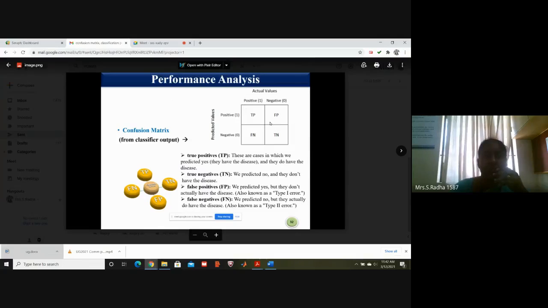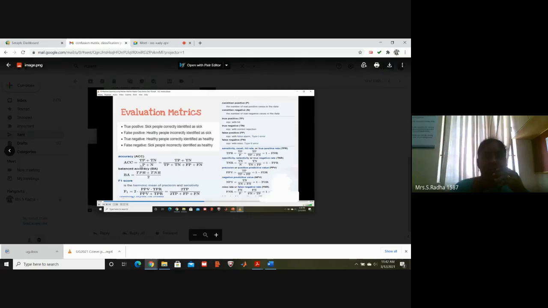It has true positive, true negative, false positive, false negative. And here are the details of what true positive and true negative are. Then using that we will calculate accuracy, sensitivity, selectivity, specificity, F1 score, for which formulas are there. This will be the output of classification algorithms, whether it is an ML classification algorithm or a DL classification algorithm.